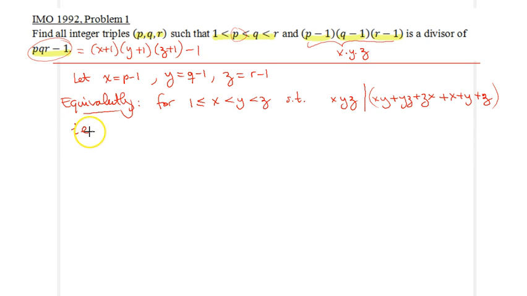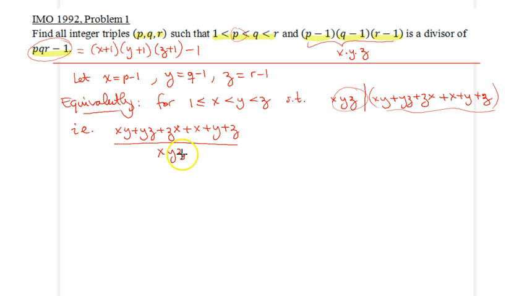Equivalently, if this divides this right hand expression here, it means (xy plus yz plus zx plus x plus y plus z) over xyz is in fact a positive integer.